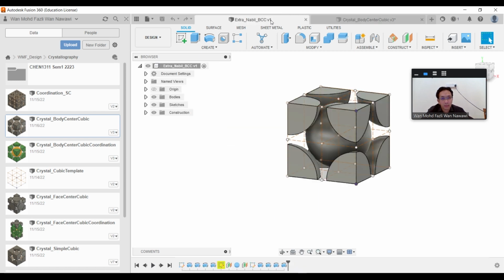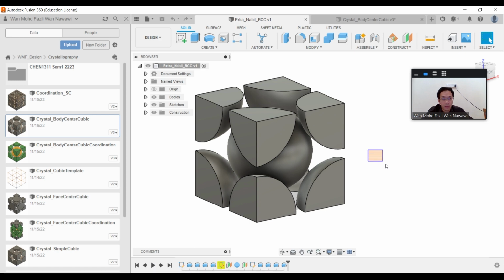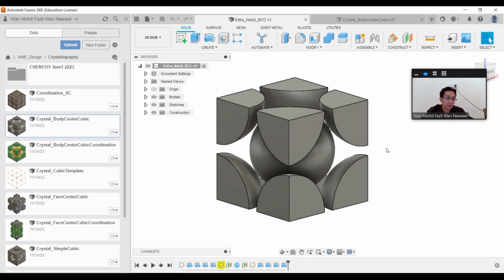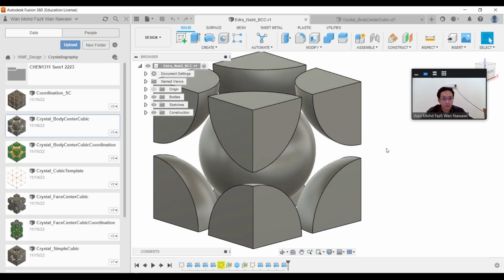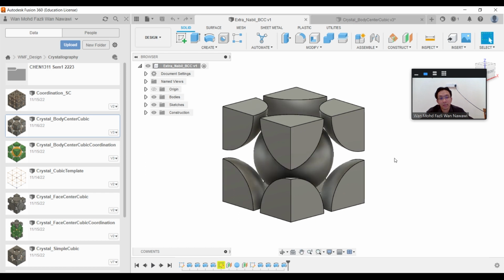So this is what one of your friends, Nabil, drew in Fusion. I asked whoever wants extra marks to do this, and some of you did that. If you see from this image, the important thing here is that the atoms must be of the same size.